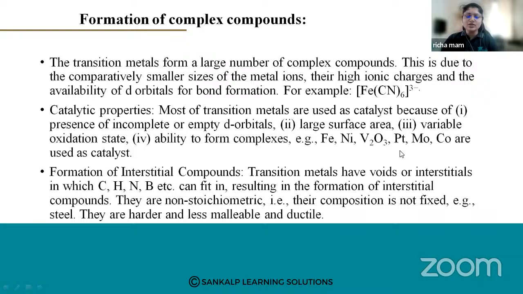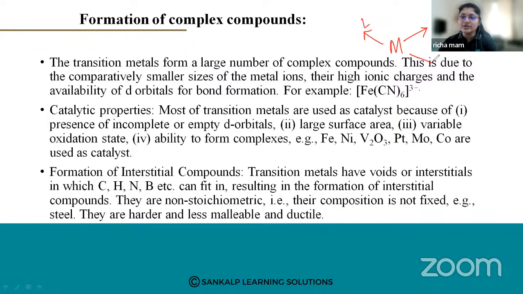So these transition metals have the tendency to combine with ions or neutral molecules, and they form complexes. What do you mean by a complex? When metals combine or link with negatively charged ions or neutral molecules, these are said to be ligands, and what they form is a complex.